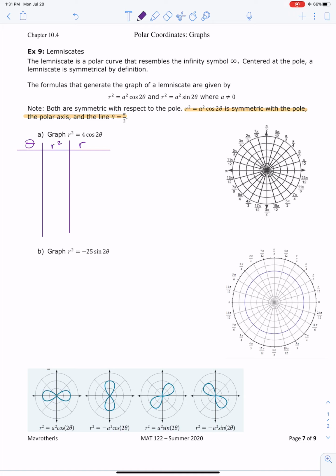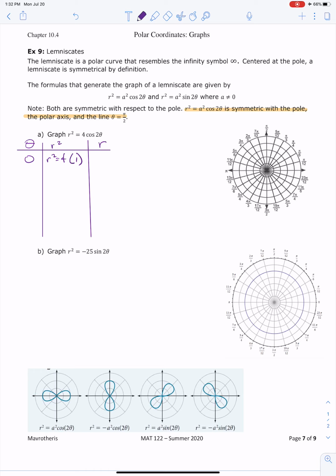Let's give a little more room. That should work. I'm going to start with theta is 0, which is not too bad. r squared equals 4 times cosine of 2 times 0, which is cosine of 0, that's 1.